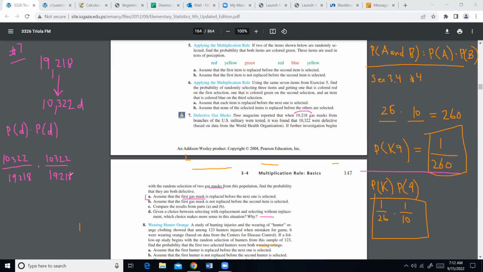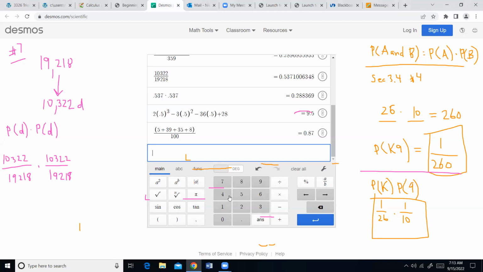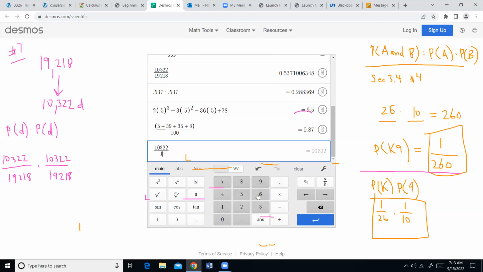Some people can say, Alex, you don't have to enter it twice, you could just square it, right? Maybe it's even a smarter idea. So if I just take this 10,322, divide this by 19,218, and actually square it. So how can I square it? I can put parentheses in front of this whole thing.